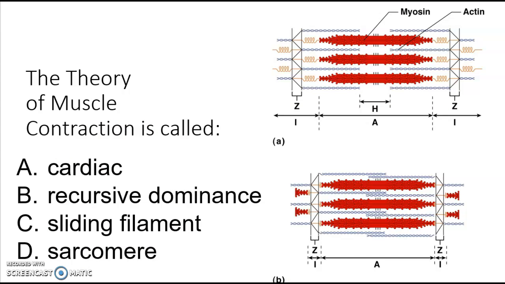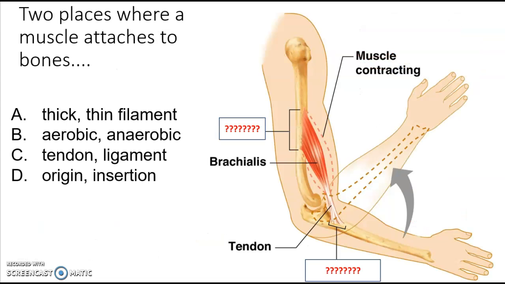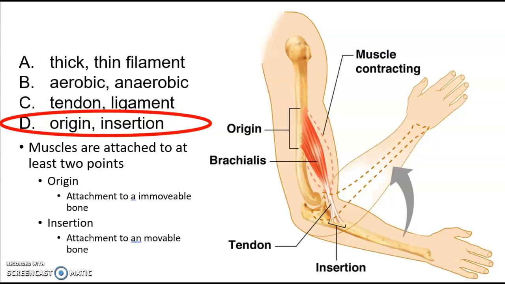The theory of how muscles pull and contract is called the sliding filament theory of muscle contraction. The two places where muscle attaches to bone is the origin and the insertion.